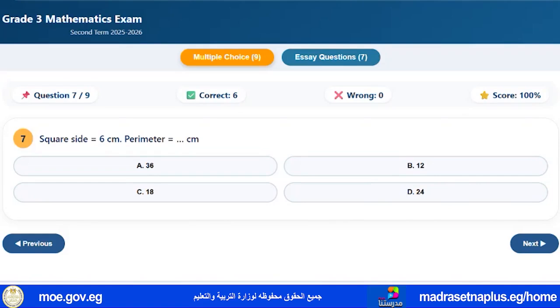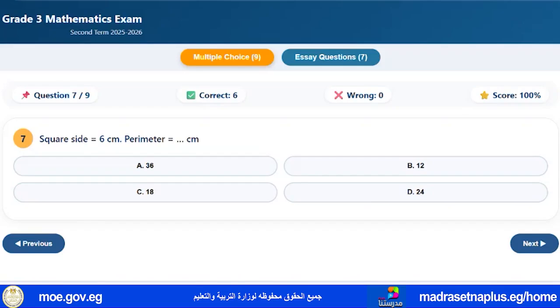If you want to use another formula for it, you can say the sides of a square are the same, so I can use multiplication instead of adding. But both are right. You can use addition, you can use multiplication. By using addition, the perimeter equals 6 plus 6 plus 6 plus 6 equals 24.